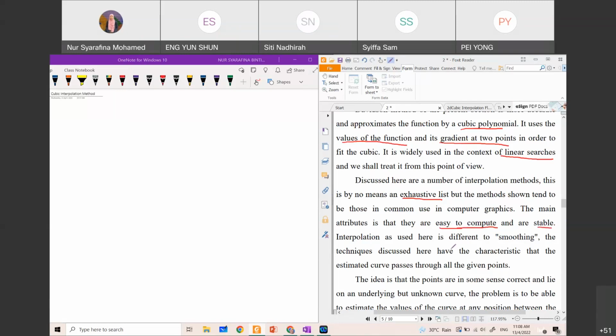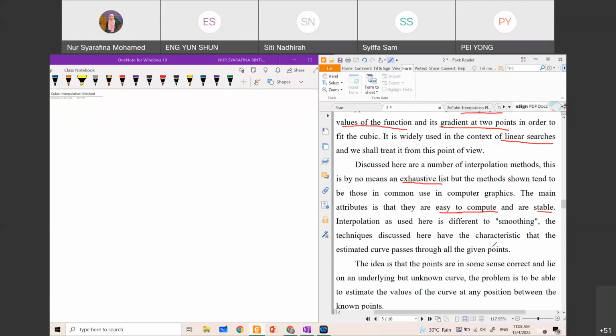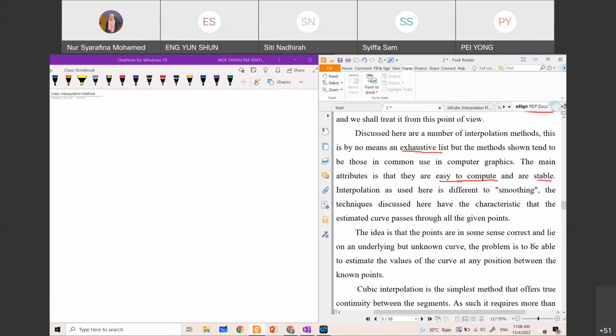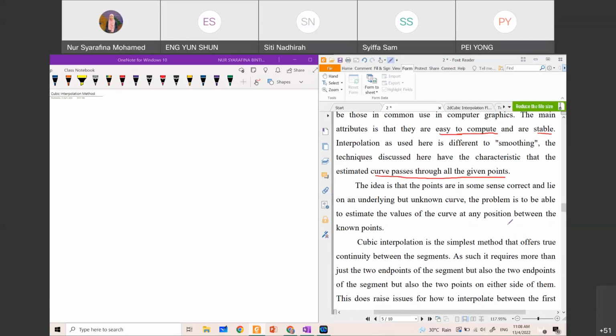The interpolation used here is different from smoothing. The techniques discussed here have the characteristic that the estimated curve passes through all the given points. The idea is that the points are in some sense correct and lie on an underlying but unknown curve.